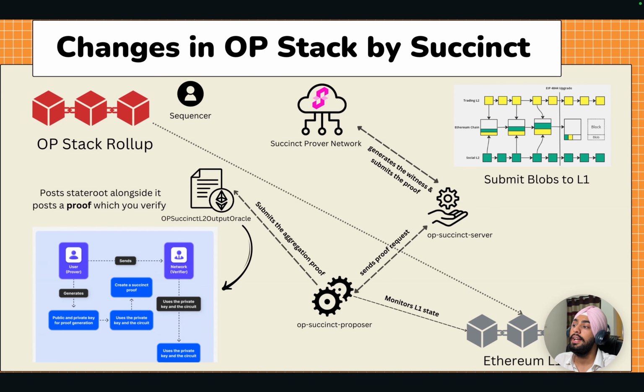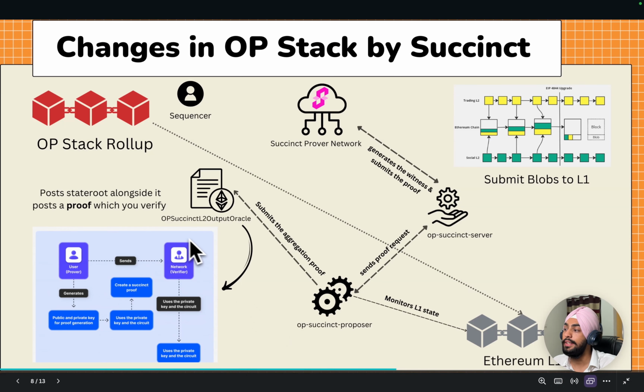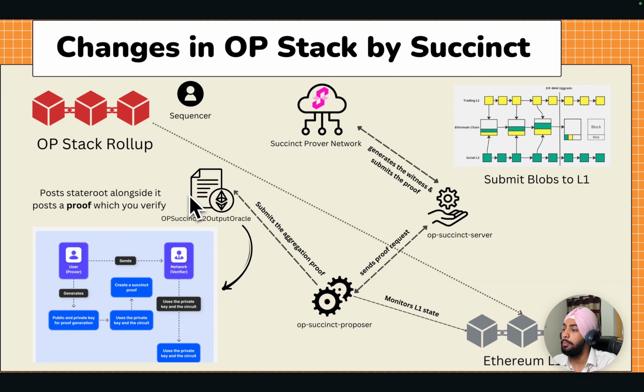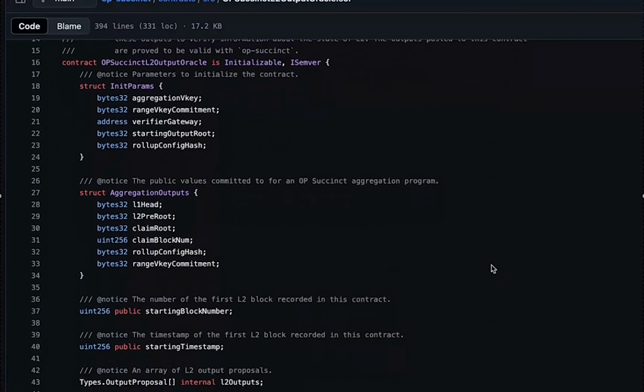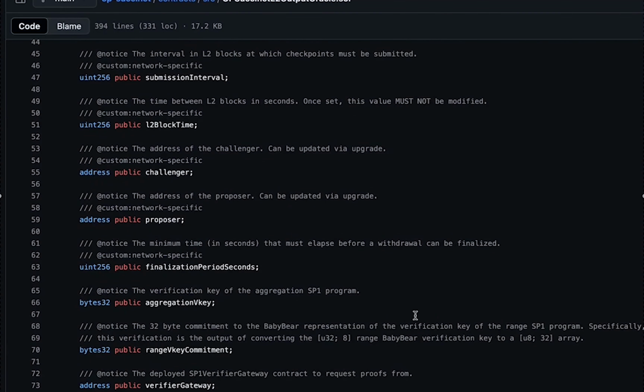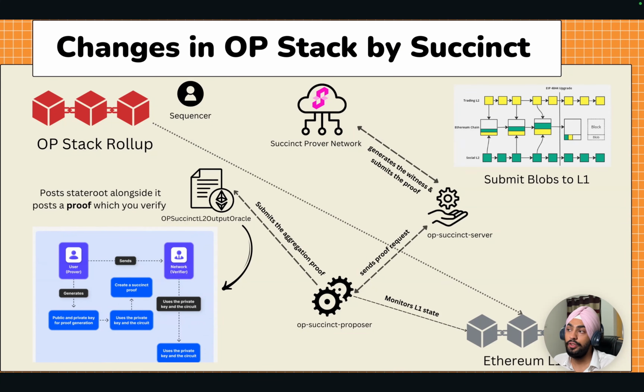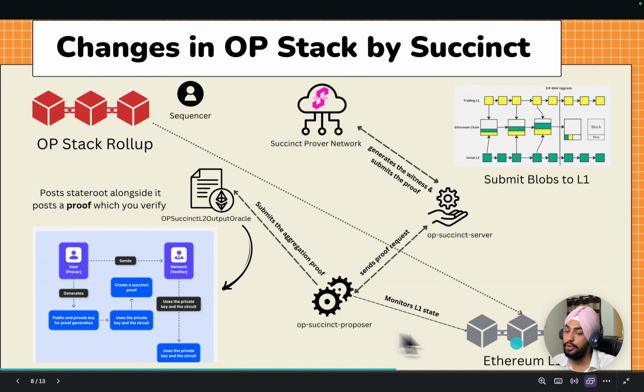So the first thing the Succinct team did was replace the smart contract that contains the L2 state outputs, the L2 output oracle contract that we just discussed, with a ZK version of this smart contract, which is now the OP Succinct L2 Output Oracle, right? And the difference is actually pretty small. It's like 50 lines of code that have been added to the new contract, right?